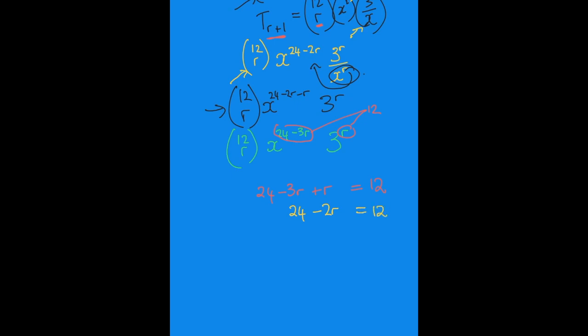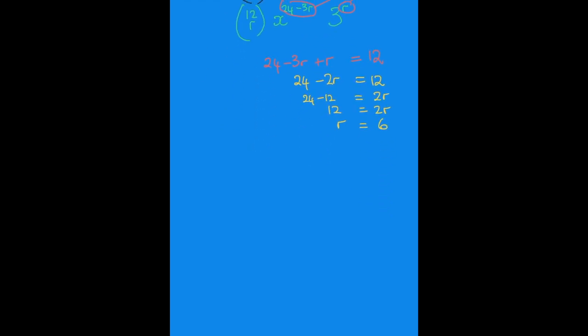Therefore, 24 minus 6 is equal to 3r. 18 is equal to 3r. r must be equal to 6. So now let's go back to our formula. 12 choose 6 is what we want now. 12 choose 6. So then we've got our x to the power of 6, and we've got our 3 to the power of 6. That's exactly what we need.